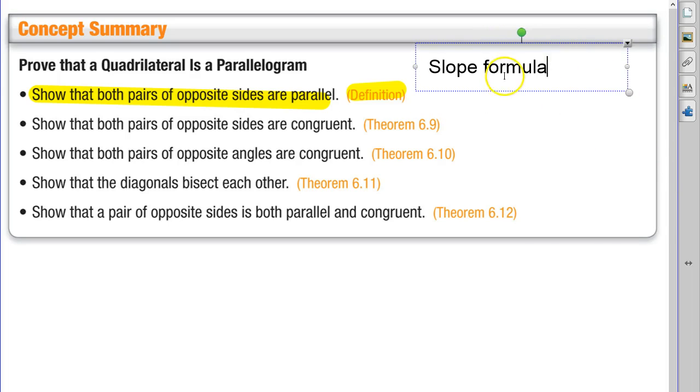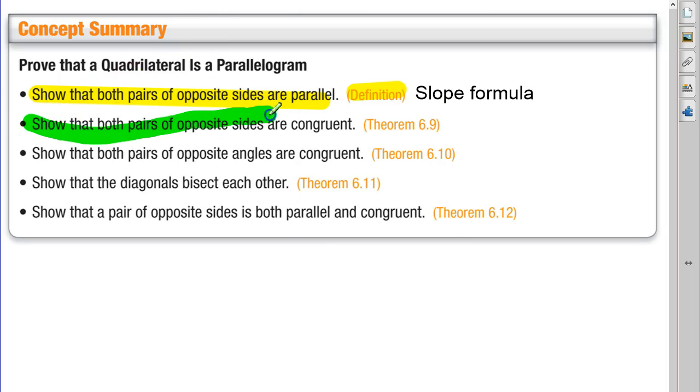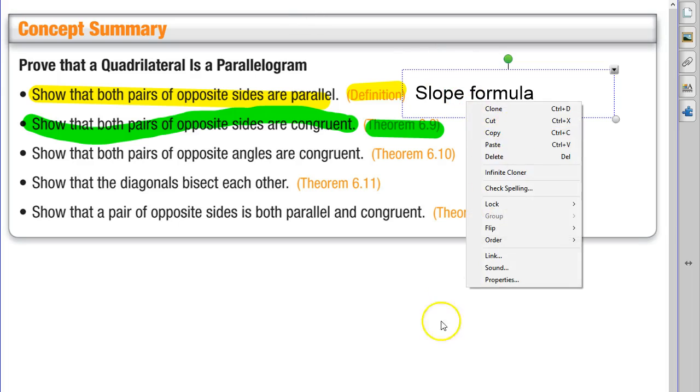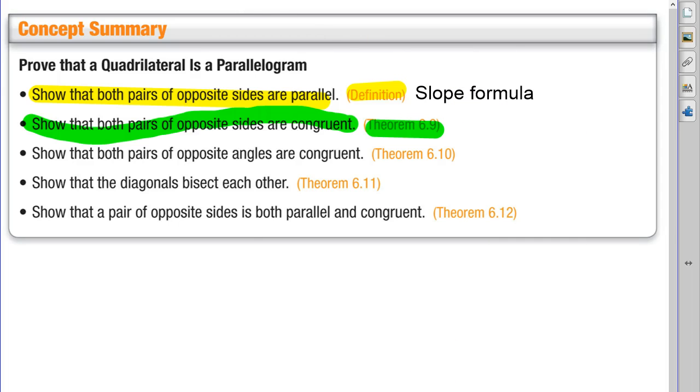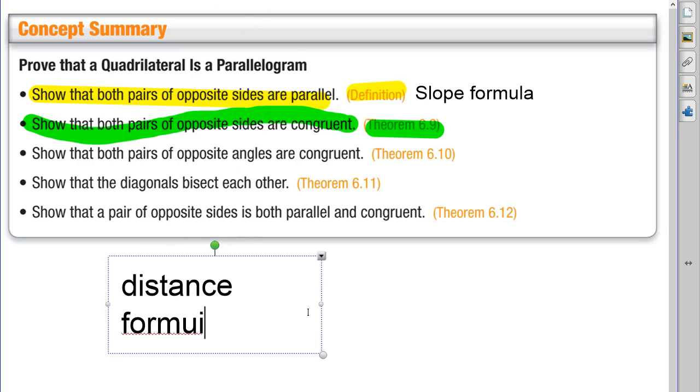That's one of the things we've talked about: if you have parallel sides, you can prove that by using the slope formula. If you want to show that both pairs of opposite sides are congruent, that's the other way. That's theorem 6.9. You can do that by using the distance formula as well.